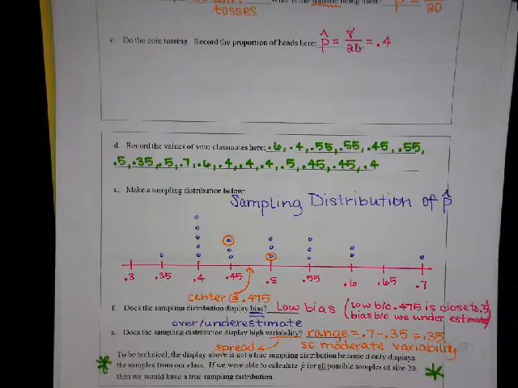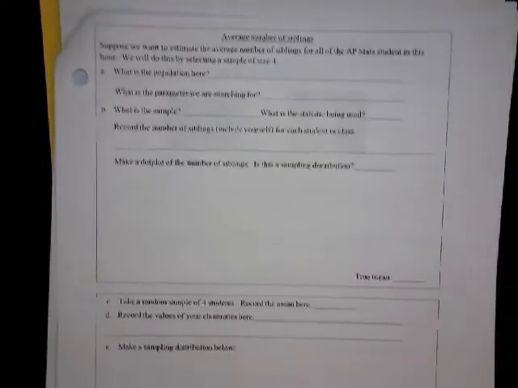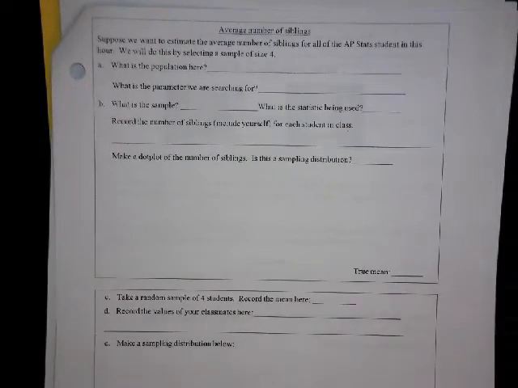All right, so now we're going to look at some averages. So let's say we want to estimate the average number of siblings for all the AP stats students in this class. We're going to do this by selecting a sample of size 4. So what is the population on this one? I heard some whispers, but nothing where my brain could actually tell what was being said.